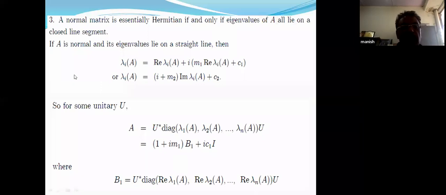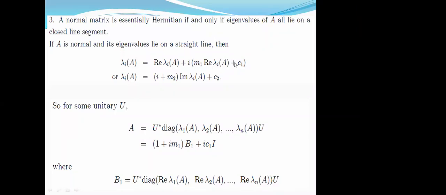Further, what are essentially Hermitian matrices? They are normal matrices whose eigenvalues lie on some straight line. Why? Because suppose first A is normal and its eigenvalues lie on a straight line. Then we can write its eigenvalues as real part plus imaginary part. Since the eigenvalues lie on a straight line, the imaginary parts are related to the real parts like y equals m x plus c.